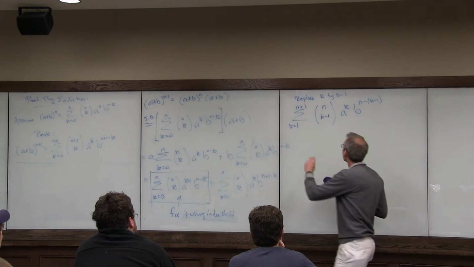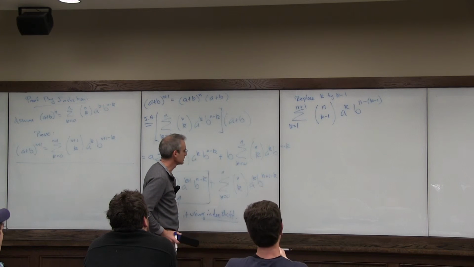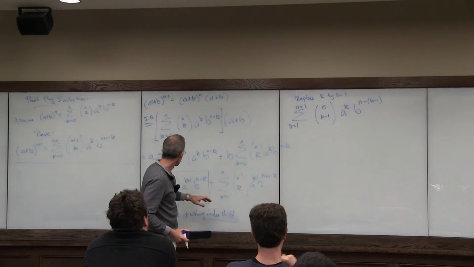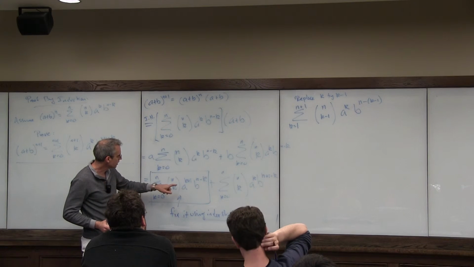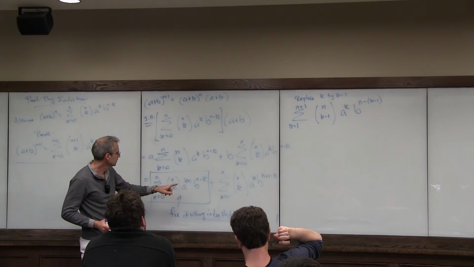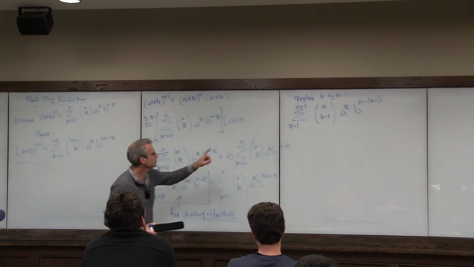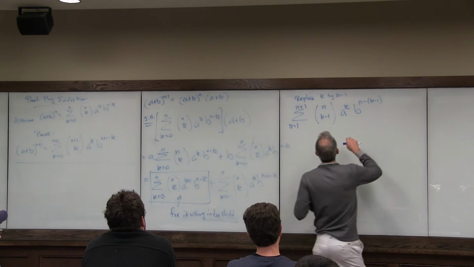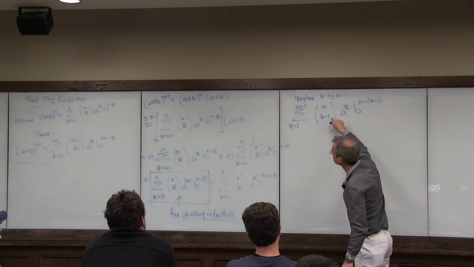Now let's just make sure: does this count through the same thing? Let's just look at the endpoints, because it's just counting by 1. So where does this start? This starts at n choose 0, a to the 1, b to the n. Where does this start? Oh, sorry, n choose 0.